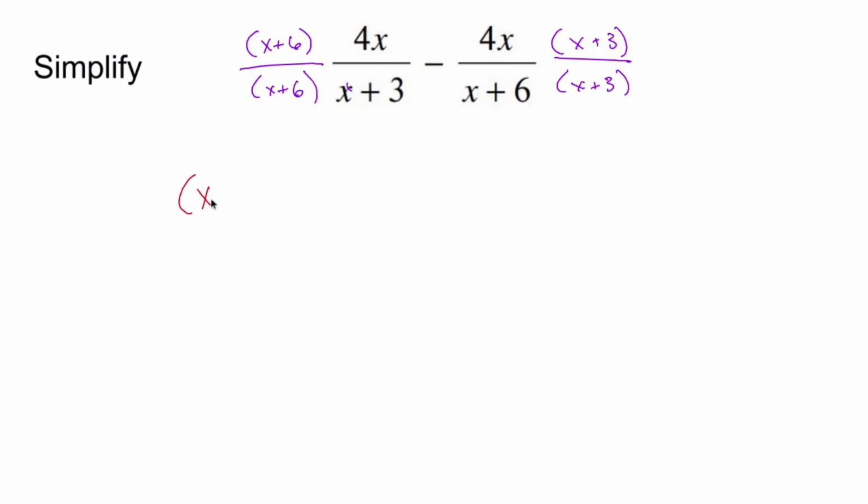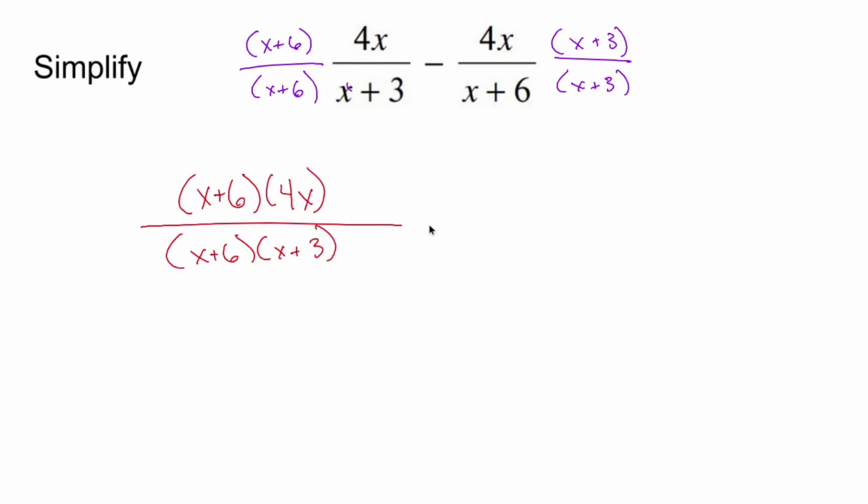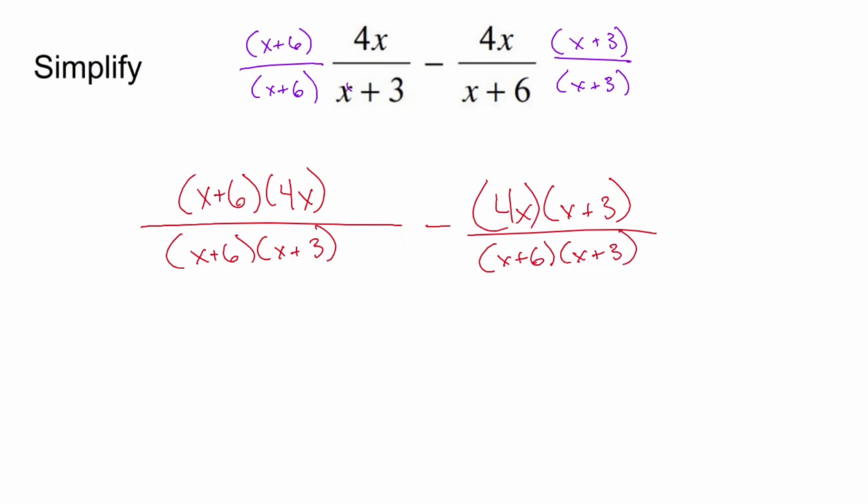So I have x plus 6 times 4x over x plus 6 times x plus 3, minus 4x times x plus 3 over x plus 6 times x plus 3.